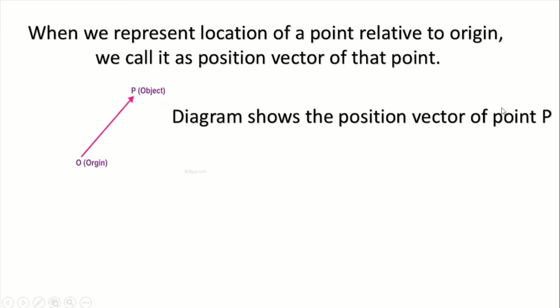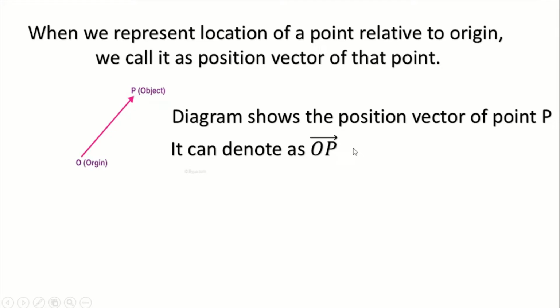The diagram shows the position vector of point P. It can be denoted as OP with an arrowhead. The arrowhead shows the direction. So if we denote any point relative to the origin, we can call it a position vector.